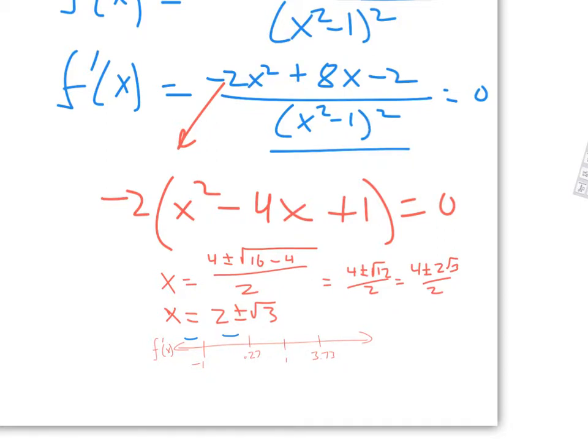If we plug in 0.5, 0.5 is between here, that gives us 4 minus 2, which is 2. Plug in 0.5 here, we get something less than -2. So this will come out to be positive, all right? So 0.5 is going to give us positive. Then we can plug in something like 2.